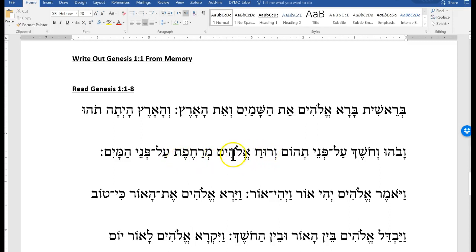And Ruach Elohim was hovering on the faces of the waters, Mayim. And waters, like heaven, is dual. We don't know why. In fact, some Jews think the word heavens is Sham plus Mayim, waters are there. I'm not sure if I believe that, but this word is dual, on the faces of the waters.